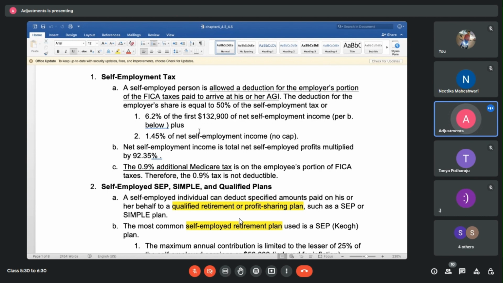But now the entire 15% burden has come up on the contractor, because when you're a contractor, the employer doesn't care about anything else. They say, okay, I need to pay $5,000 a month. Here is your $5,000 per month. You take care of your taxes and everything. We are not going to take care of anything.